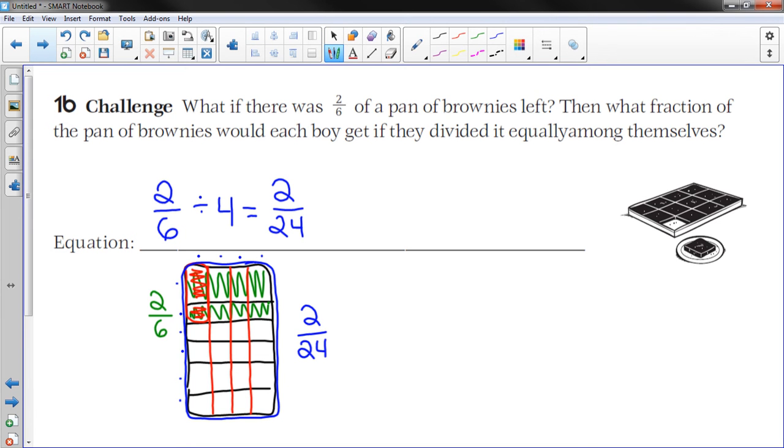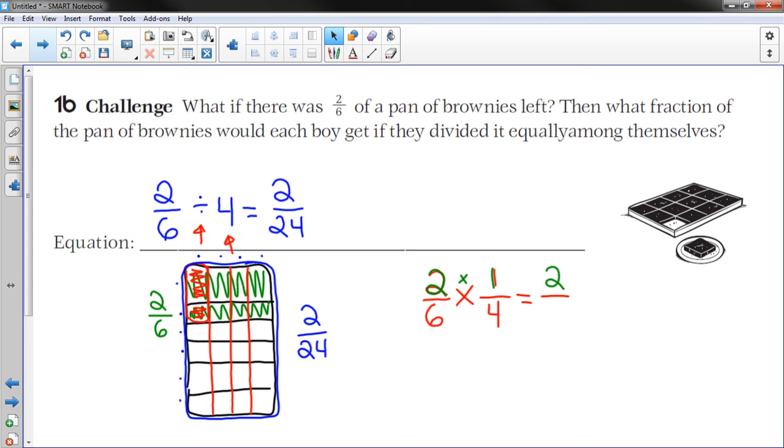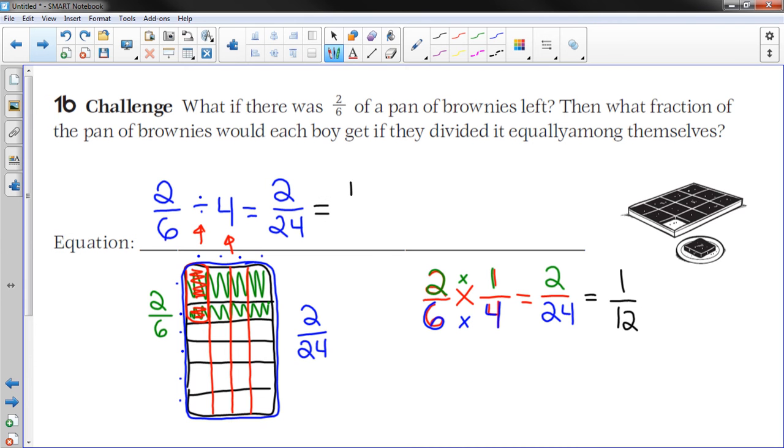Mathematically, if you recall, 2/6, I can take that division sign, change it to a multiplication sign, and when I do that, I take this 4 and I write its reciprocal like that, and then it's just a matter of what's 2 times 1, that's 2, and then down below in the denominator world, 6 times 4 is 24, and then you could go that extra mile and you could reduce this, simplify it to 1/12.